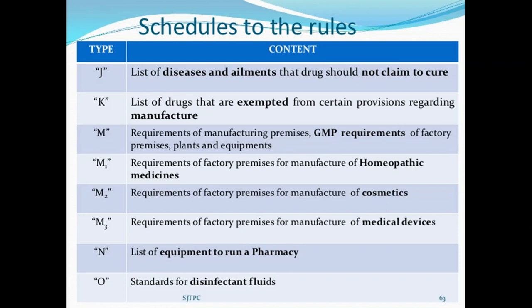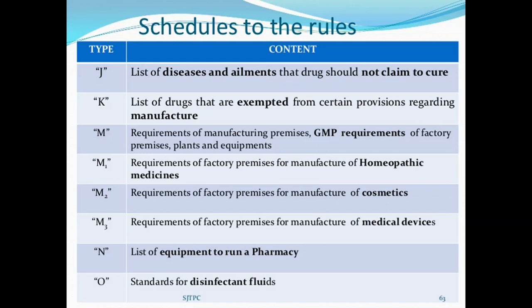That means, suppose you are suffering from cataract. You know what cataract is? There is no such medicine which can claim this. So no manufacturer, stockist or company can claim that a medicine can cure cataract.